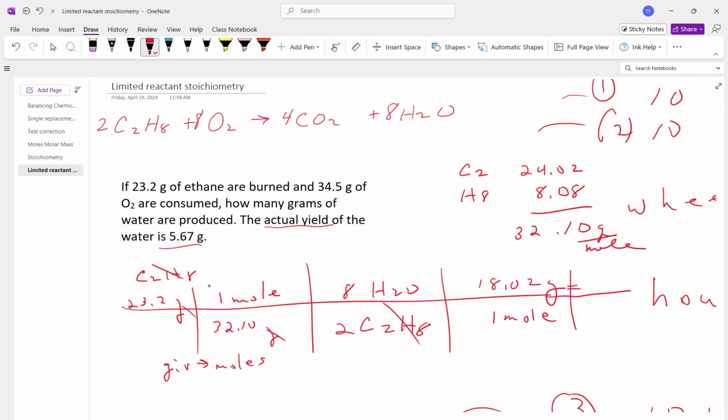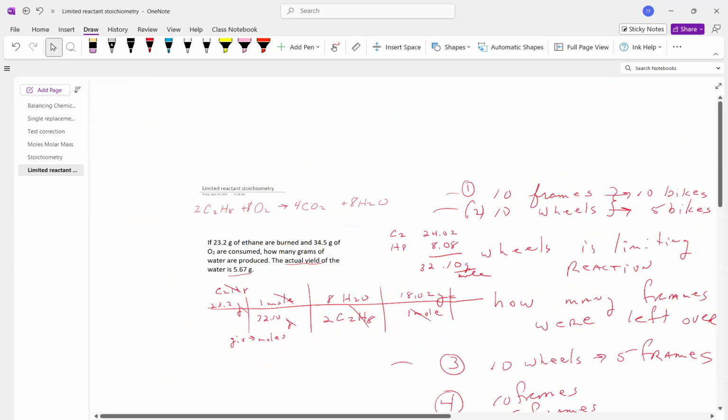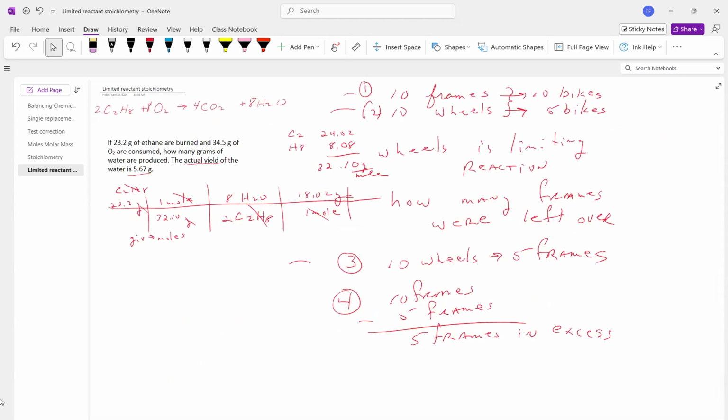Okay, so now for the first calculation we have, let's create some room here.